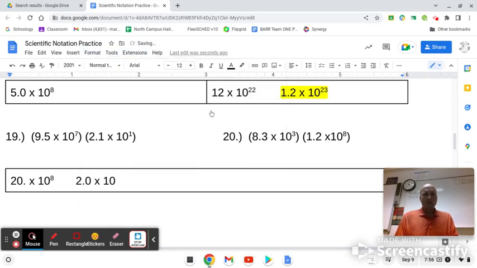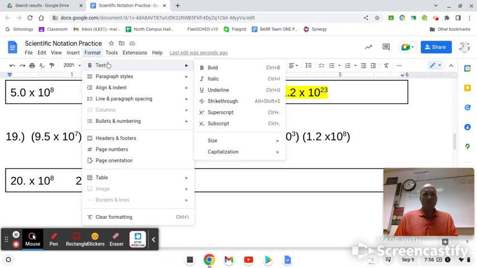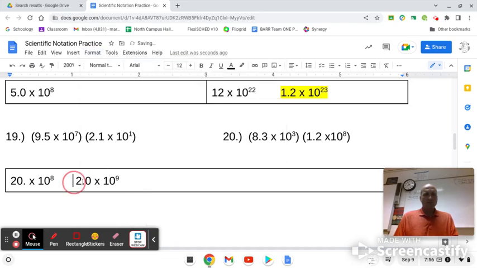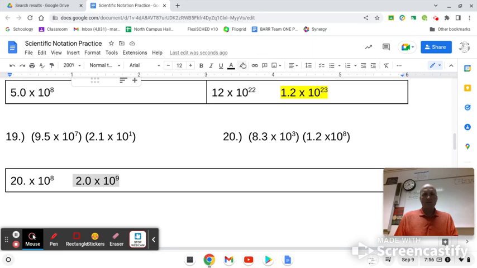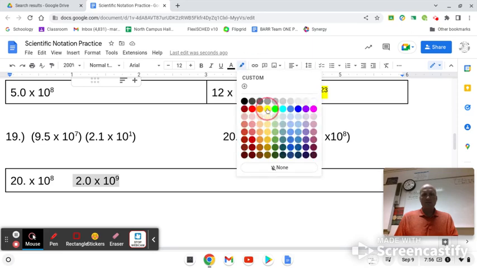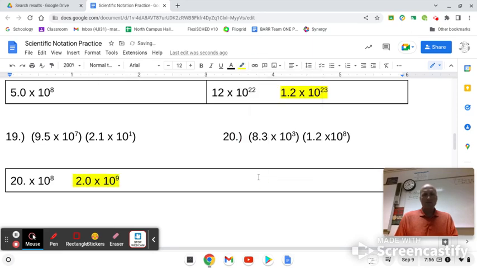It's going to be 10 to the 9th. All right, then I'm going to highlight the best answer, which that one is. Let me highlight over here just to make sure I clarify which one's the best answer here.